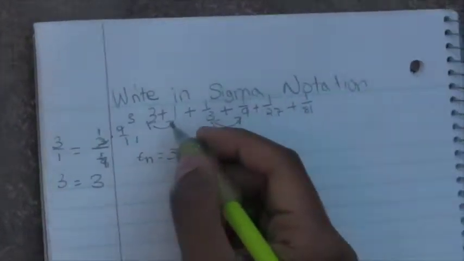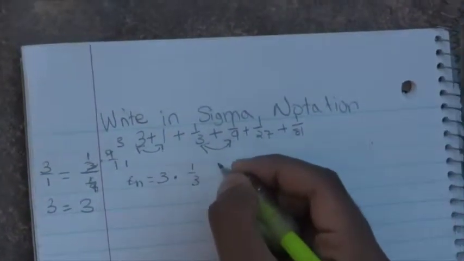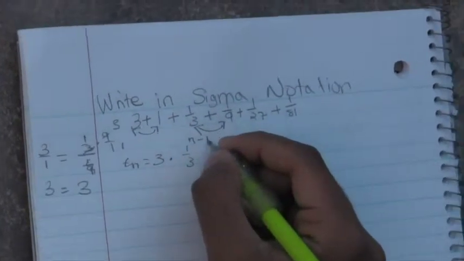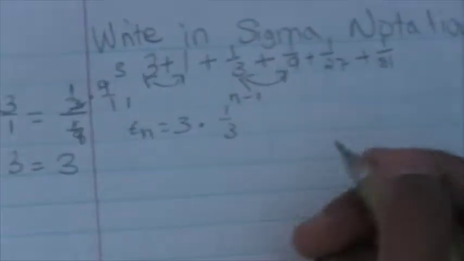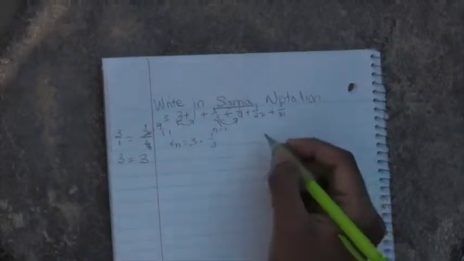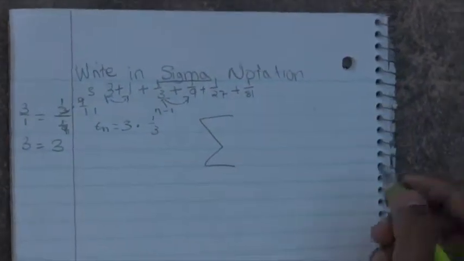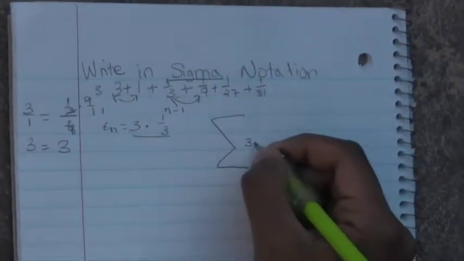You can do any of them, and it's going to give you 1/3 to the n minus 1. So that's your equation right there for the series. So now we're going to have to write it in sigma notation. So we got our sigma. We basically just copy this whole thing down here. So 3 times 1/3 to the n minus 1.